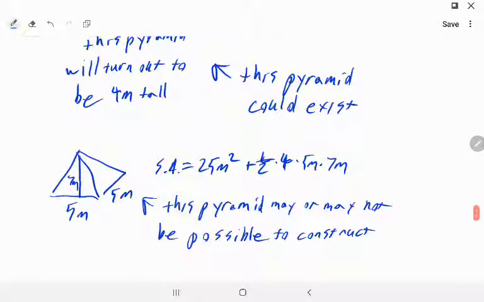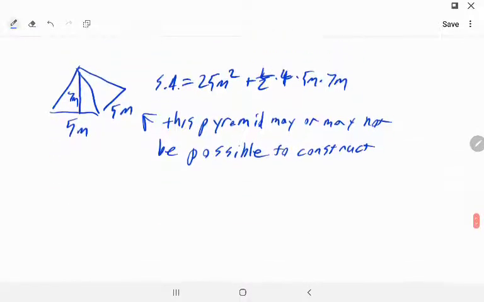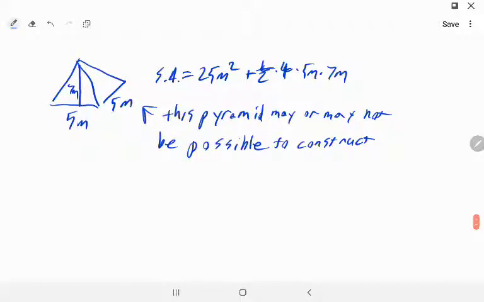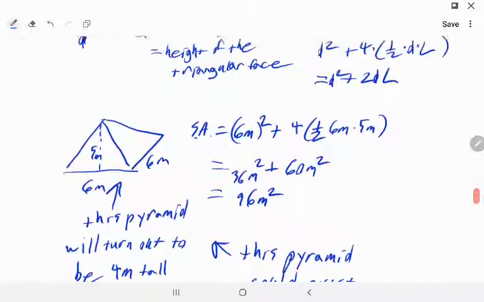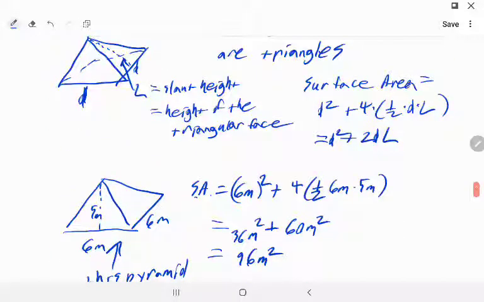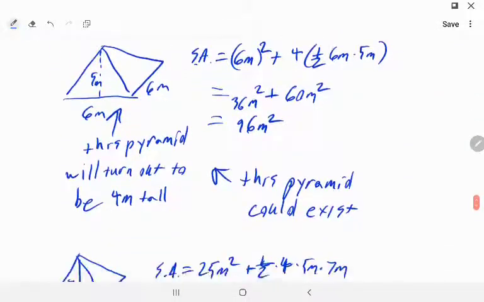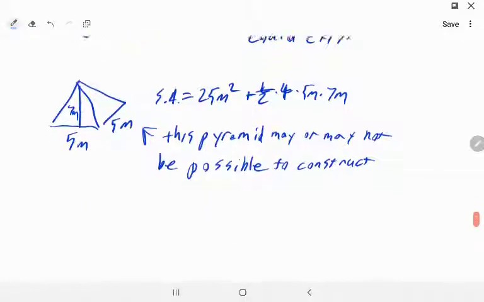You'd have to do a lot of calculations, and that goes way past anything we're going to do in this class. So in general, if you're given the slant height and the dimensions of the base, you can calculate the surface area just using this formula, d squared plus 2dl. You're not going to have to worry about it much beyond the actual measurements.